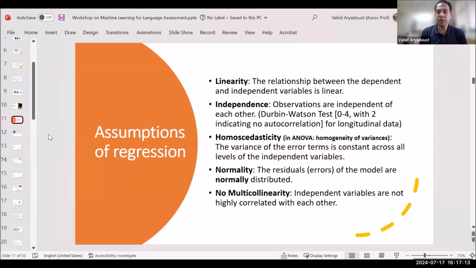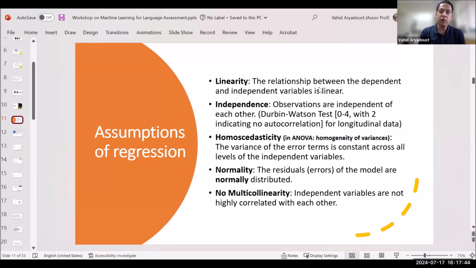So homoscedasticity is a very similar concept to homogeneity of variances, if the term is weird and strange. In repeated measures ANOVA, the analogous assumption is the assumption of sphericity, if you recall. So for multiple linear regression, homoscedasticity refers to the following. The variance of the error terms is constant across all levels of the independent variables.